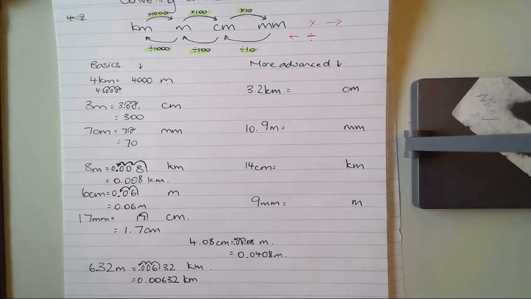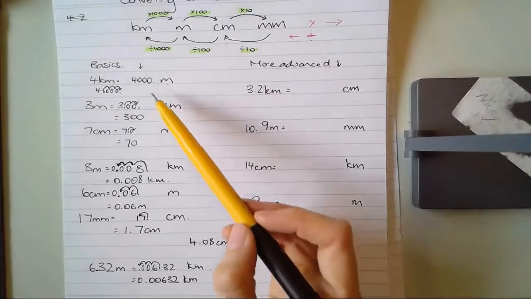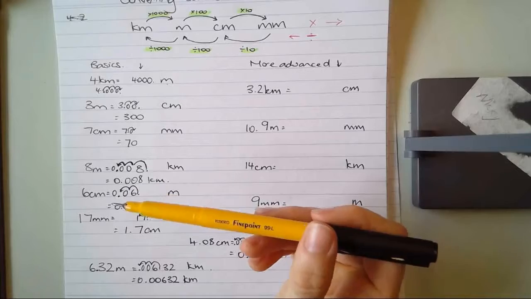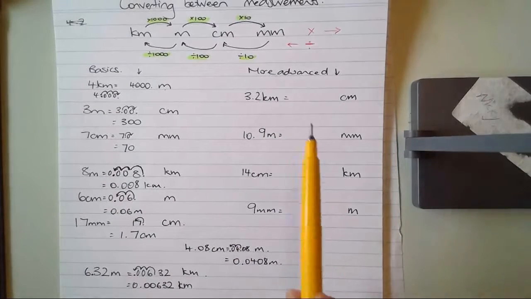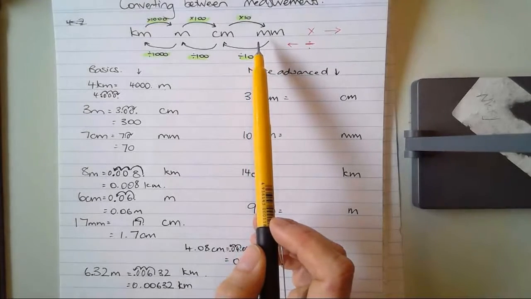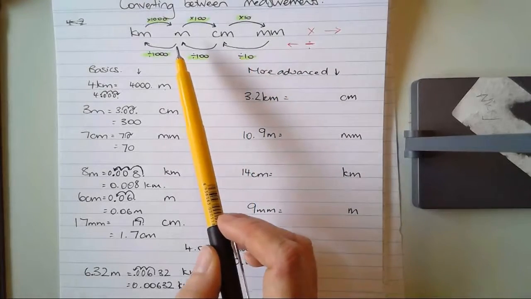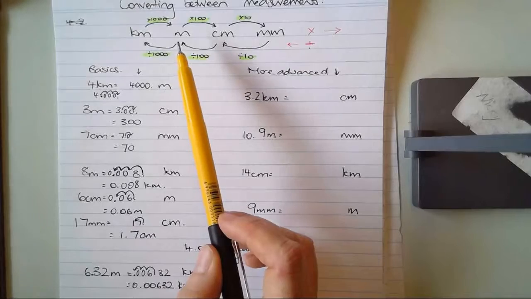I thought I would continue this video in a second part and go through the more advanced style questions. If you haven't watched the other video that I've posted on this topic, where I went through all of this content, I'd suggest going back and watching that first. This video is talking about situations where you're going from one unit of measurement to two above or two below.